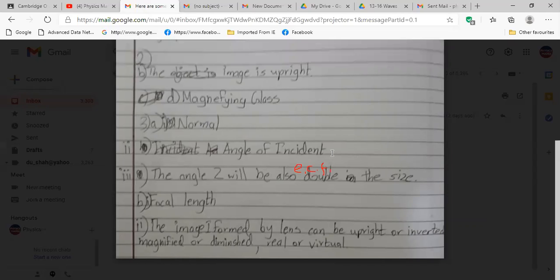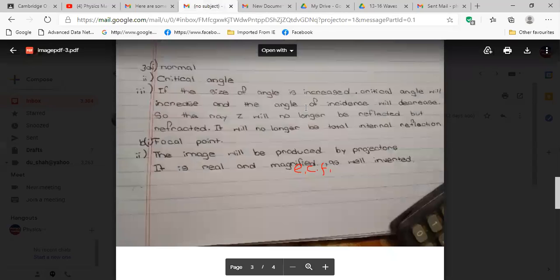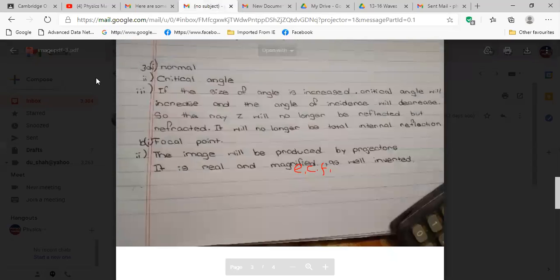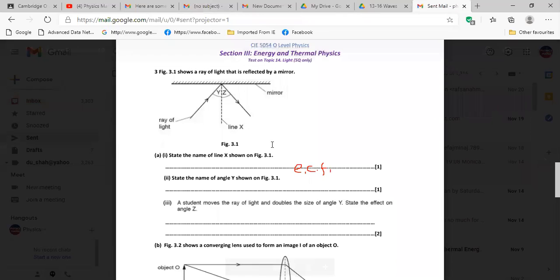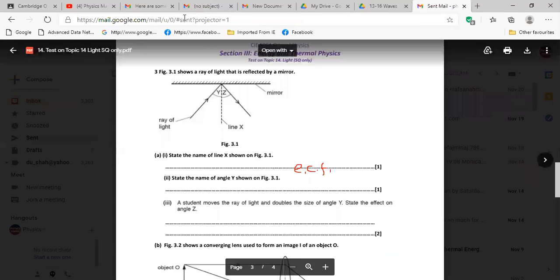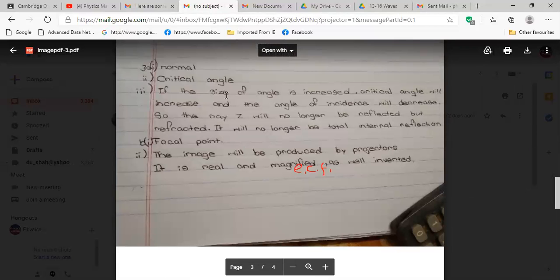So it is angle of incidence. Then Monica wrote critical angle. Monica, in a plane mirror, we never got critical angle, right? You understood? So cross it, then write there angle of incidence. Here you give -1.